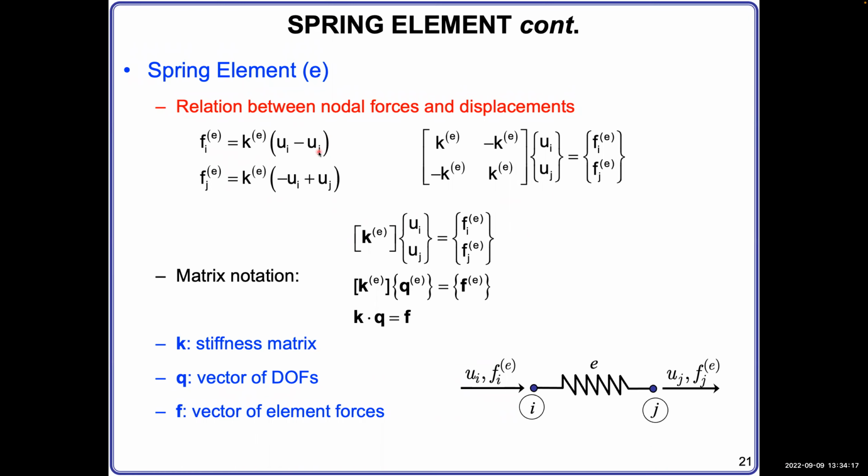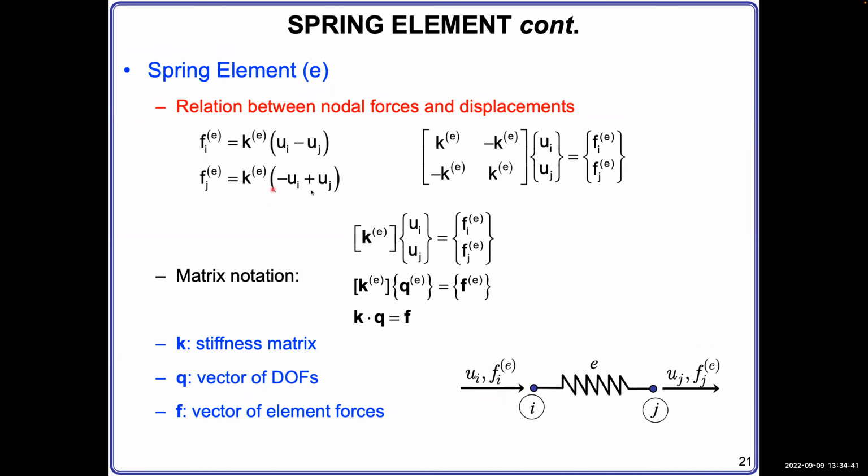That is the displacement of node I with respect to J. That will give us the force applied on node I. We can also stand on node J. Then we write Fj equals spring constant times Uj minus Ui. I write it here as minus Ui plus Uj, which is the same thing.